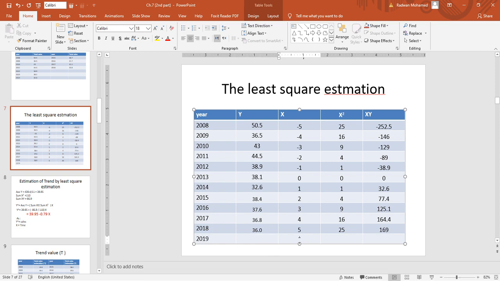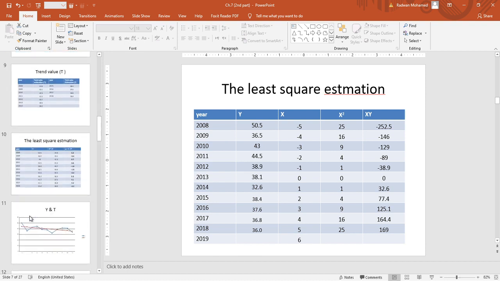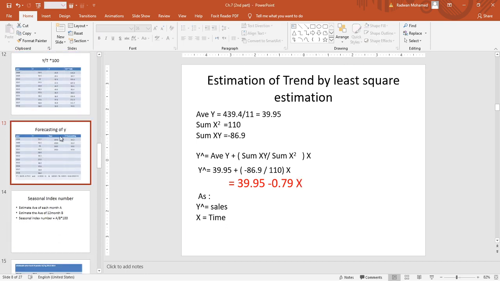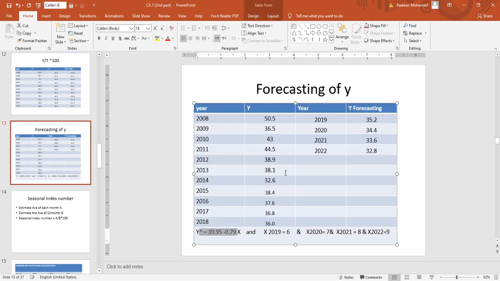If I want to calculate, it will be here 6. So the value of x for 2019, using the same equation here, I will put here 6. Okay, let's get started. This is the equation and I want to calculate 2019. I will put here 6, and please hold your calculator with me: it is equal to 39.95 minus 0.79. Remove x and put 6. It will give you 35.2.